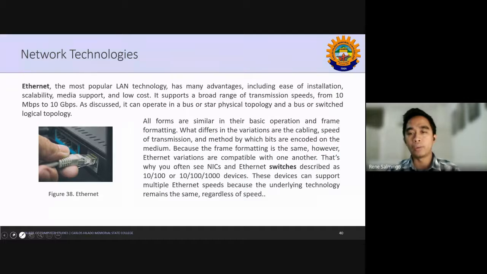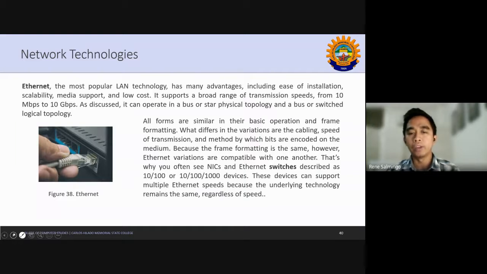What makes them differ is the cabling, the speed of transmission, and the method by which the bits are encoded on the medium, because the frame formatting is the same. However, Ethernet variations are compatible with one another.